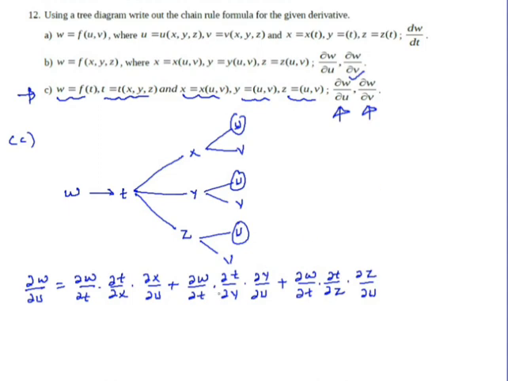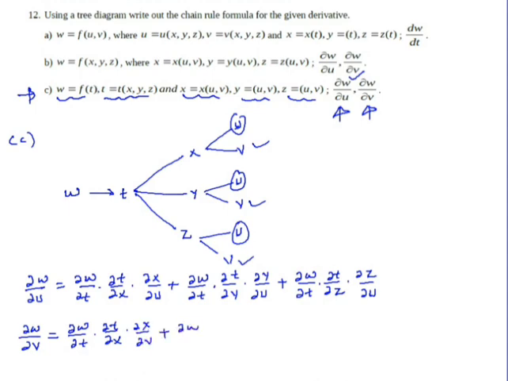The second one we were asked is the partial derivative of w with respect to v. Again, to reach v we have three paths: 1, 2, 3. Okay, we need to write the path properly. So the partial derivative of w with respect to v becomes the partial derivative of w with respect to t and t with respect to x, x with respect to v is one path.